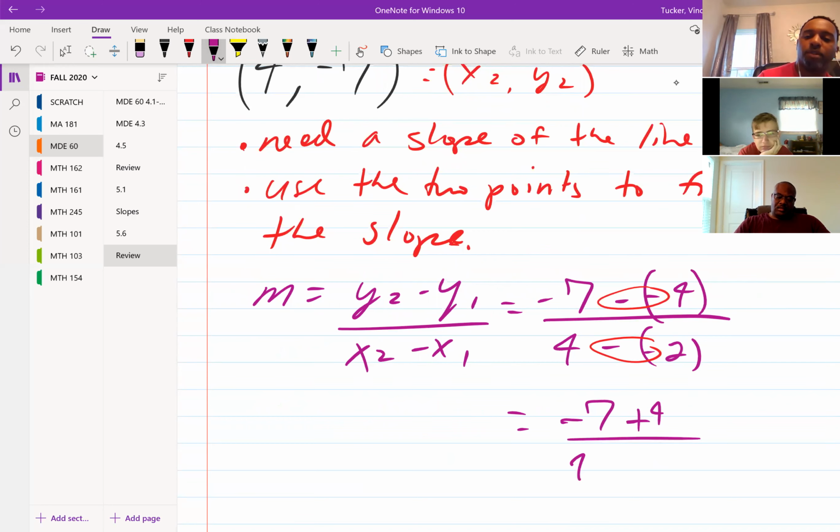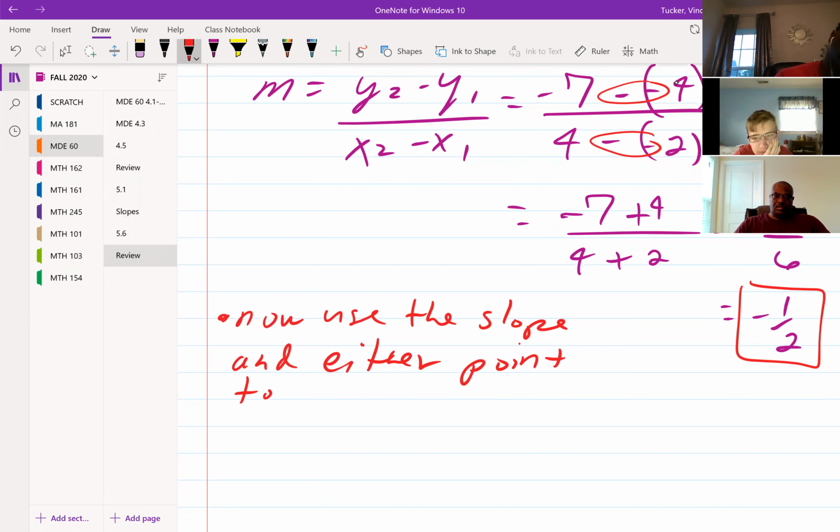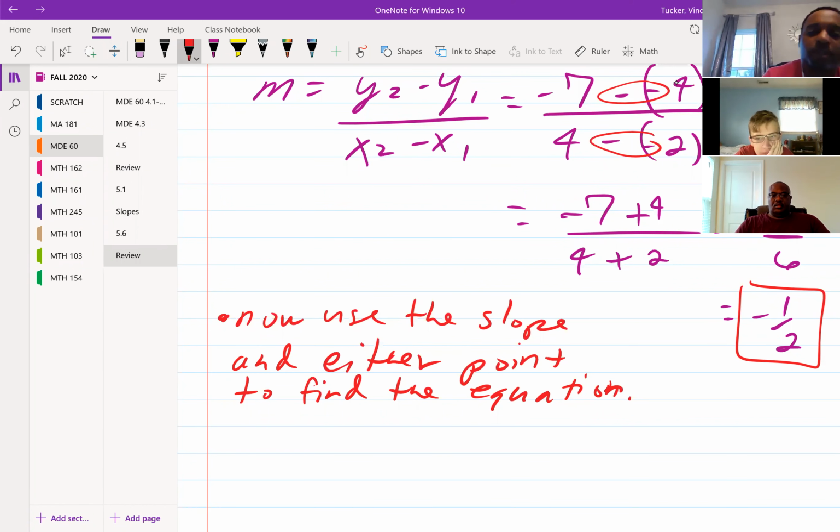So now we have our slope. Now I can use the slope and either point to find the equation.